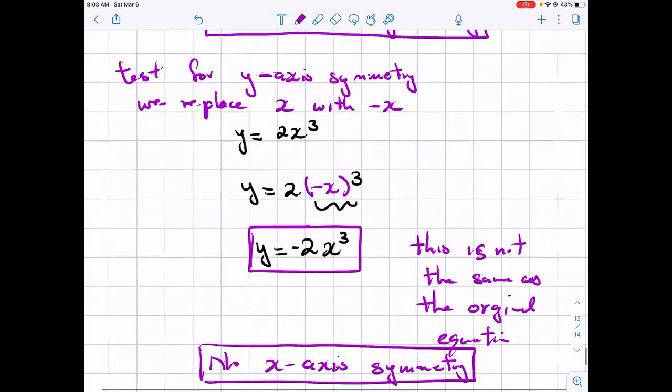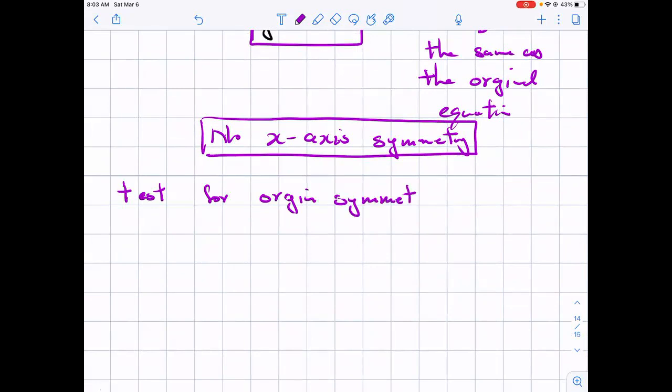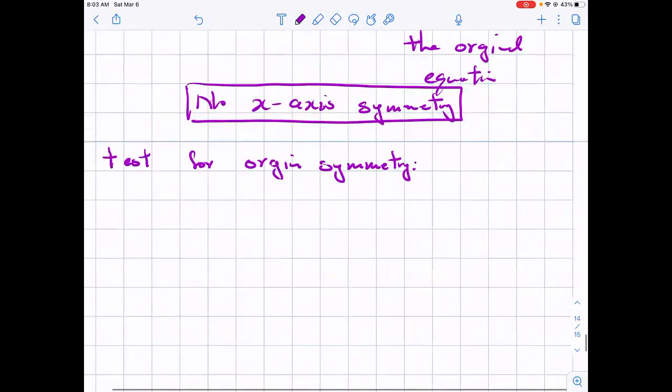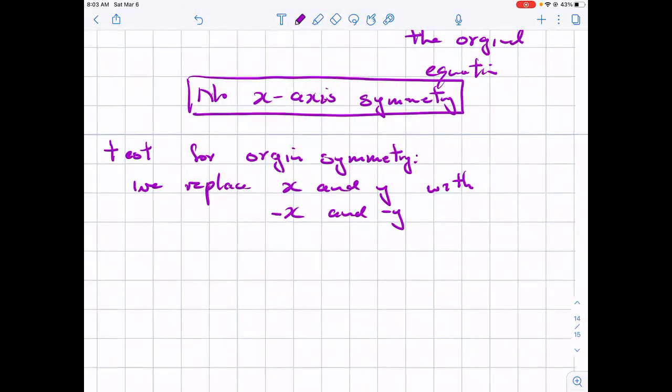So now let's test for origin symmetry. If we test for origin symmetry, we replace x and y with minus x and minus y. So remember what my equation is, right?